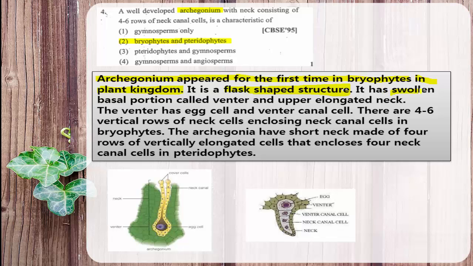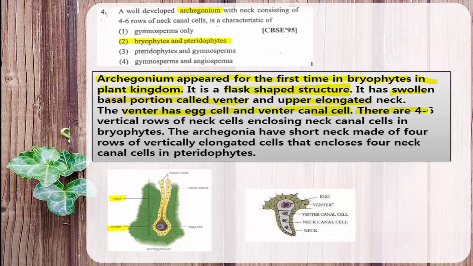It has the swollen basal portion called venter. The lower enlarged portion is called venter, and the upper elongated portion is called neck. The entire elongated portion is called neck. The venter contains the female gamete egg and venter canal cell.